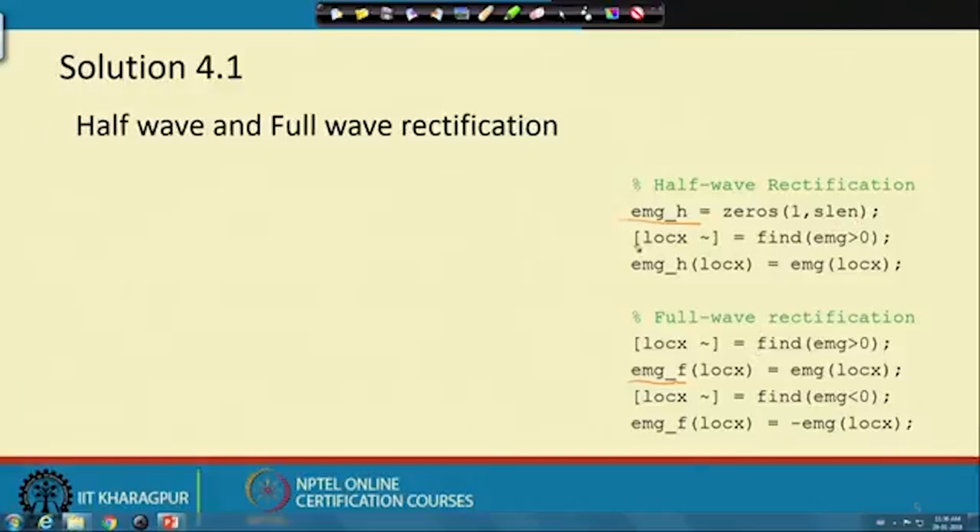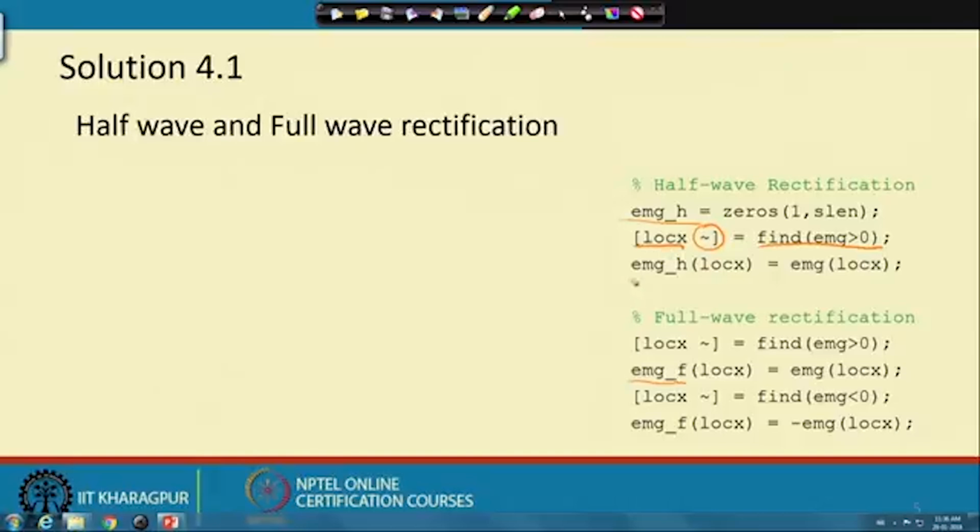We find the locations where the signal is above 0. That gives us the half wave rectification, and we do not need the value here, so we have given a tilde so that we do not store it.